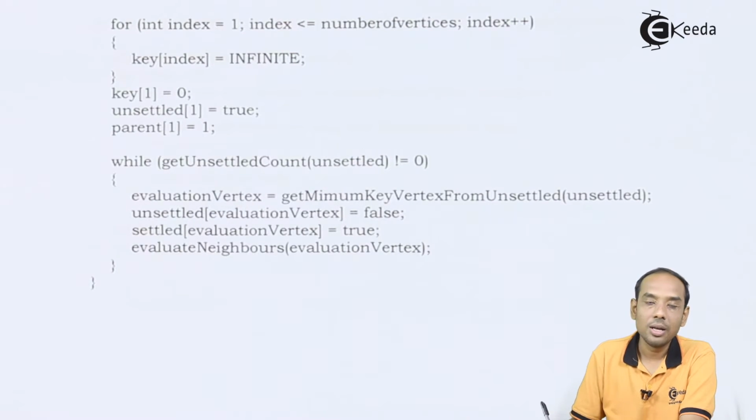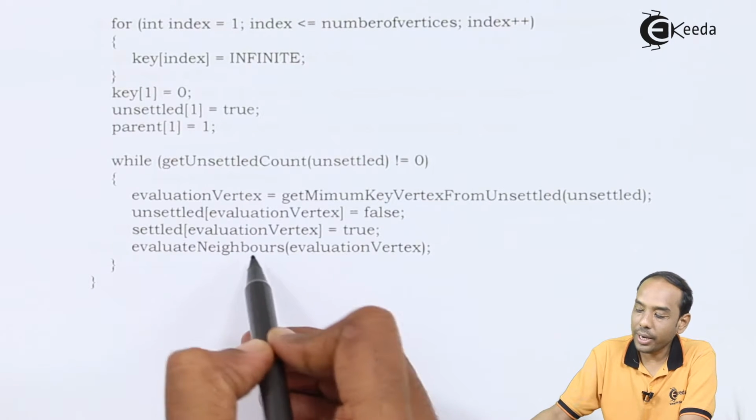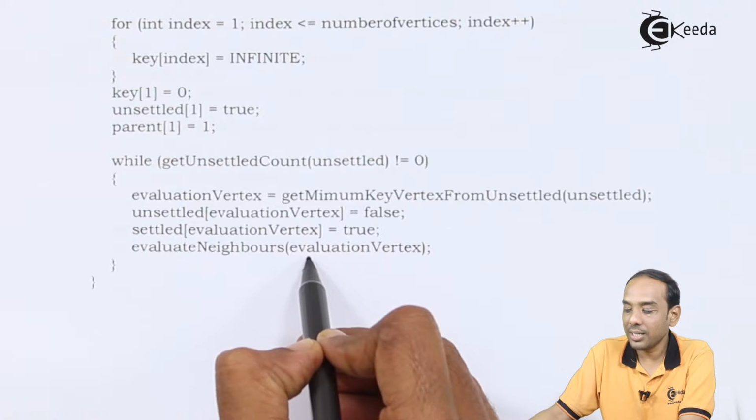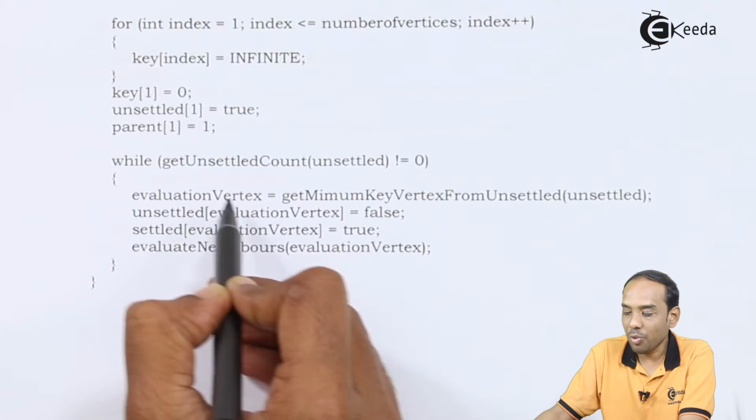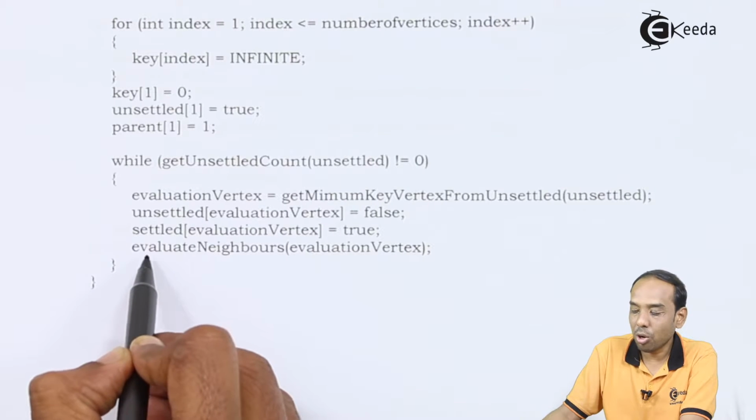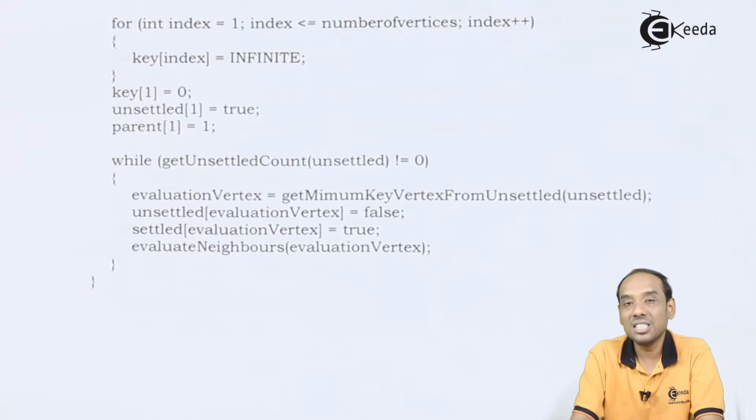When this is done, we need to call the function for evaluation of the neighbors. We write evaluate neighbors with the parameter as evaluation vertex. So the evaluation vertex value is taken and then passed to the function called evaluate neighbors. As the name suggests, we are going to evaluate the neighbors. Neighbors are the next set of vertices near the given vertex under consideration.